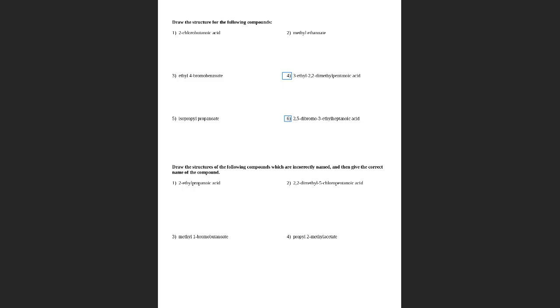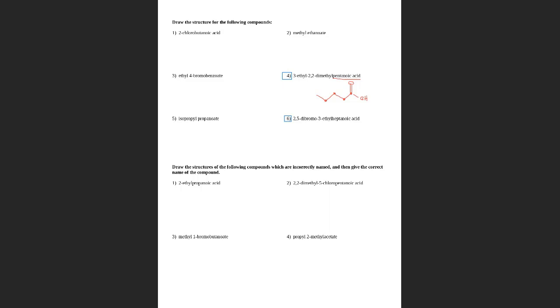The first thing I always want to do when I'm drawing substances that I'm given a name for is start with the root name, pentanoic acid. So I know that I'll have a double bond O and a single bond OH because it's an acid. And I know I need 5 carbons, so there's 1, 2, 3, 4, 5. Here's my pentanoic acid.